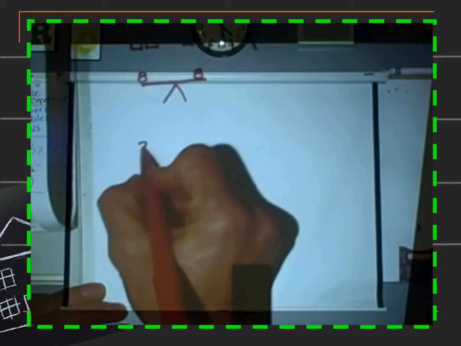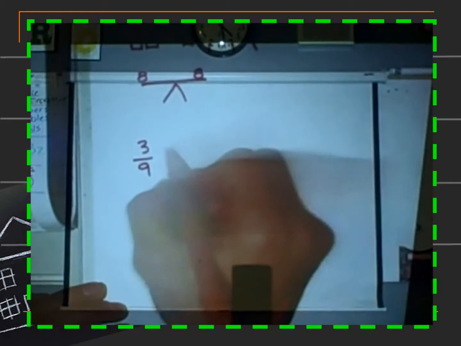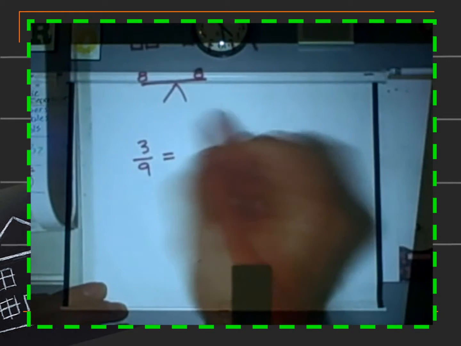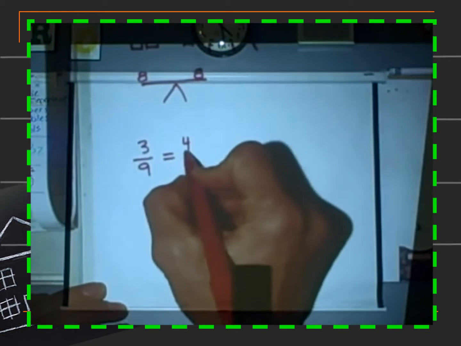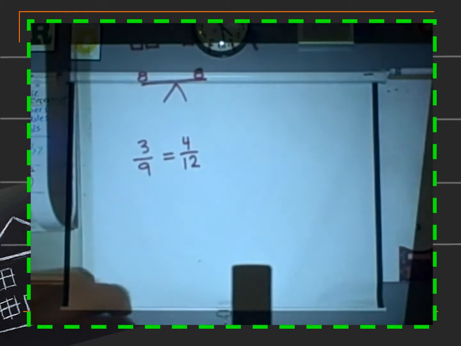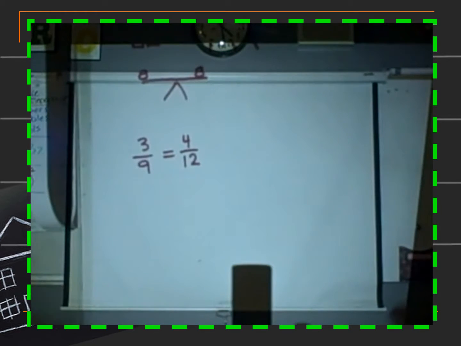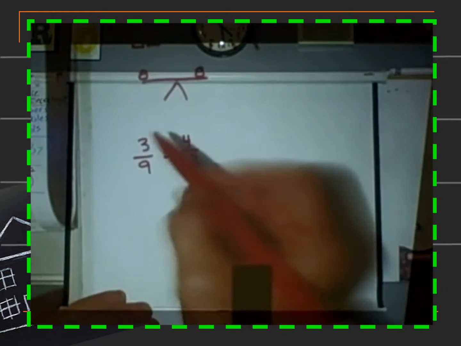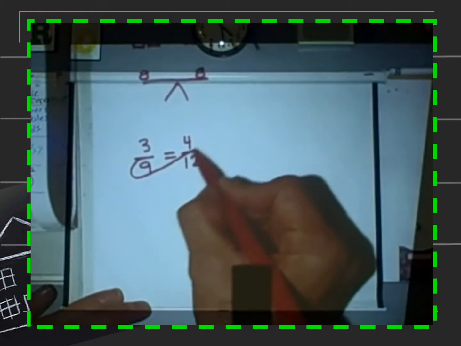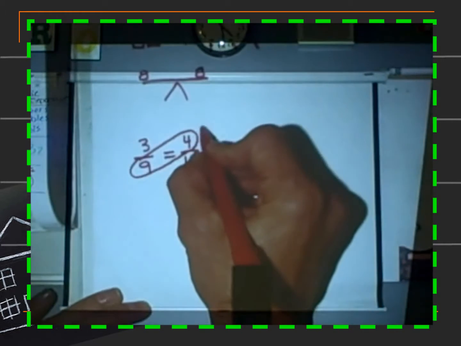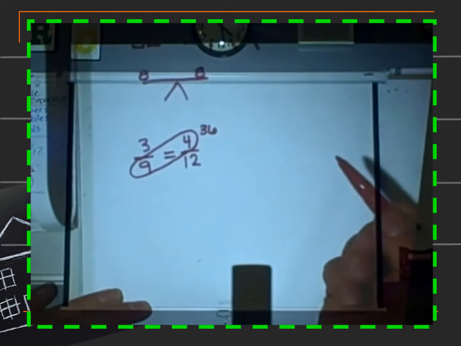All right, let's look at another example. Let's say that we have 3 to 9 equal to 4 to 12. In order to find out if these form a proportion, I am going to multiply and find the cross products. So again, what is 9 times 4? The answer is 36.